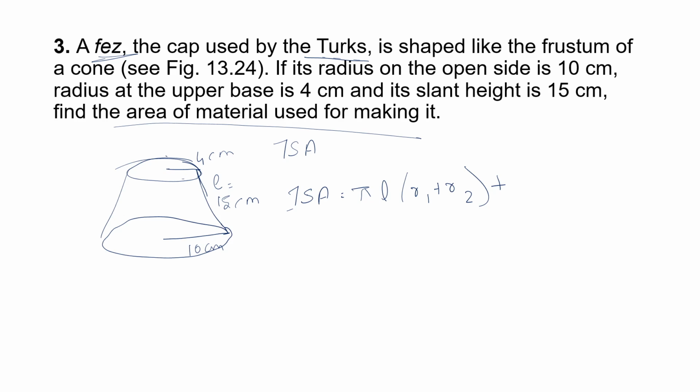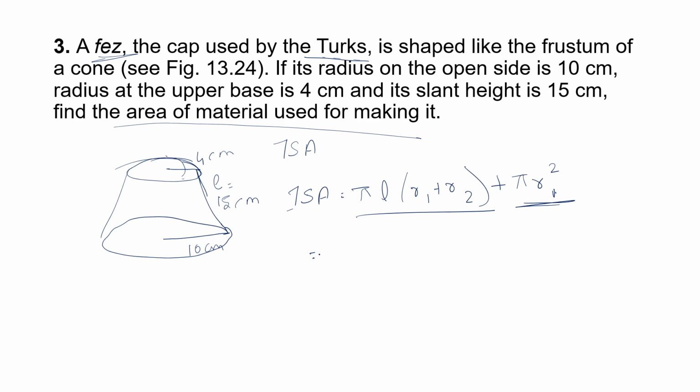Only we need the top. So only 1 pi r square, R1 square. This is the cloth required to make that. When it is open here, there is no need of any cloth over here. So we are leaving the bottom area and only considering the CSA, curved surface area, and the top one. Only 1 pi r square, only for the top area.